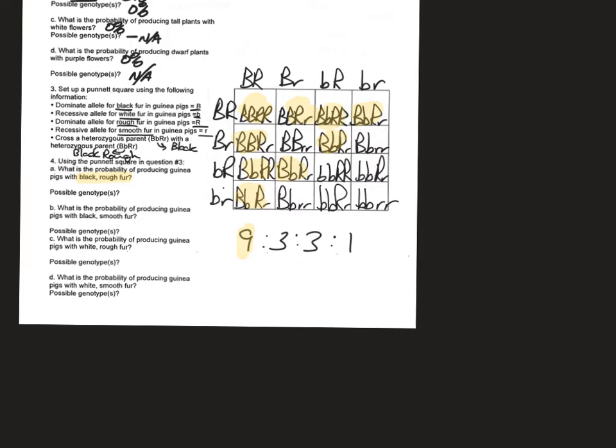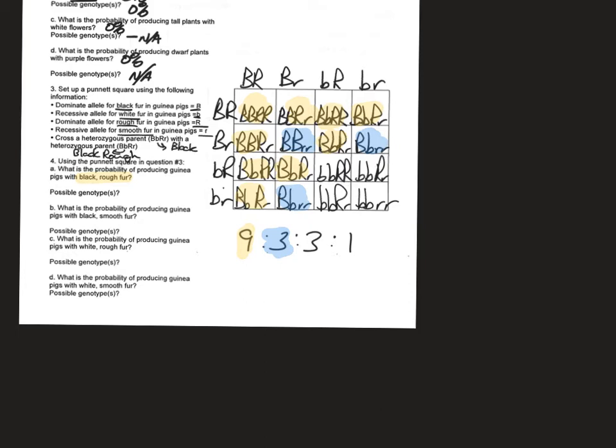How many of these are black fur but smooth fur? Black and smooth fur. So that means big B and little r, little r. There's a big B with little r, little r. There's a big B with little r, little r. And there's a big B with little r, little r. So that's 3. How many of these are white with rough?